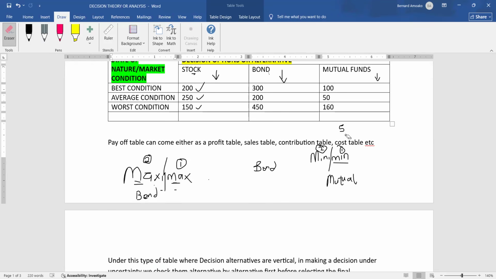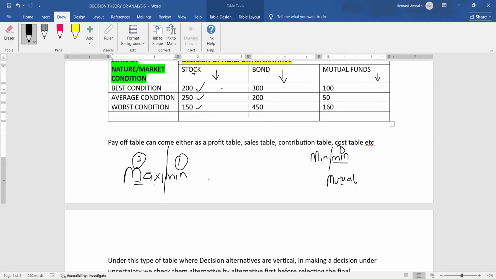We are doing what we call the maximum under the pessimism. Always divide this into two. This should come first, followed by this option.